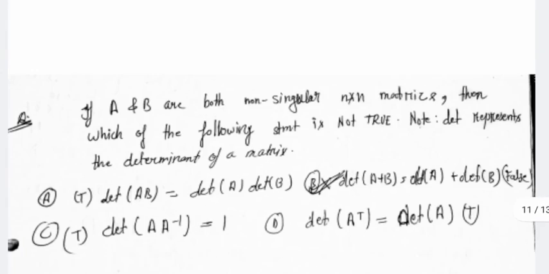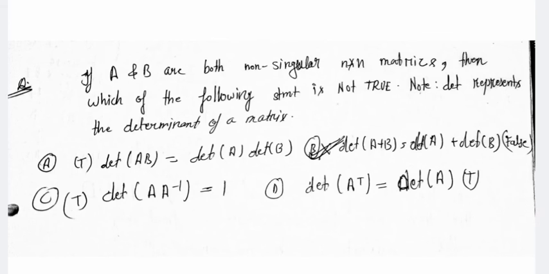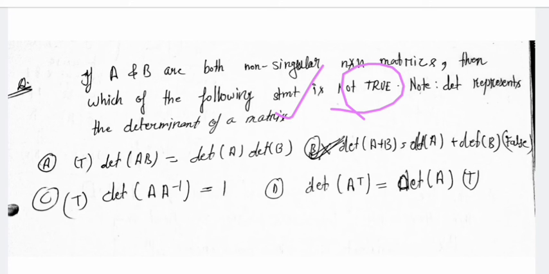Now come to the next question. If A and B are both non-singular n by n matrices, then which of the following statements is not true? Here DET represents the determinant of the matrix. The first option, determinant of A dot B equals determinant A dot determinant B. Yes, this is obviously a true statement.